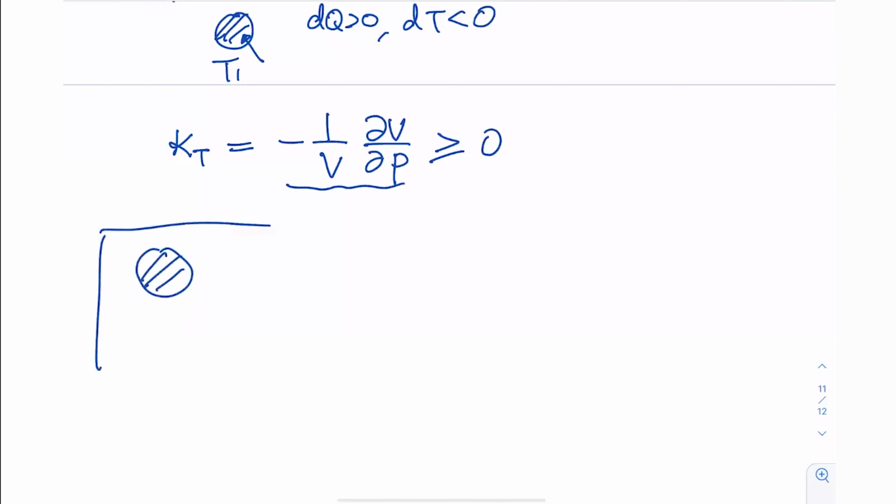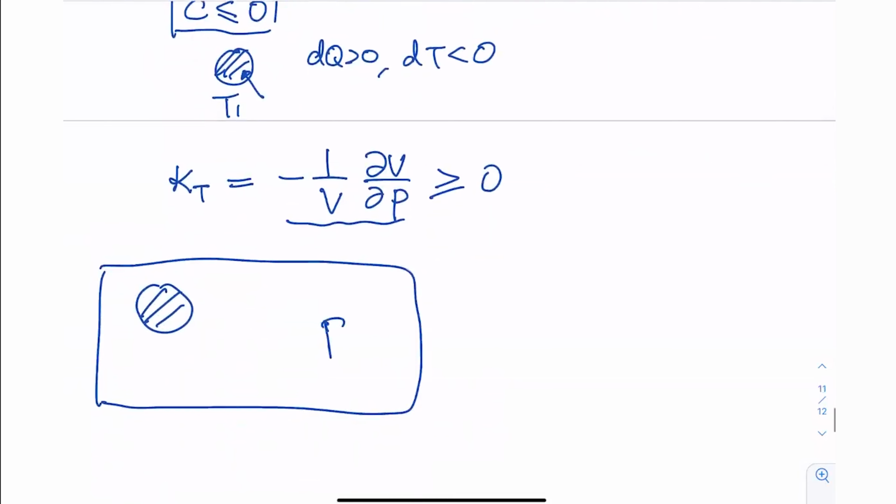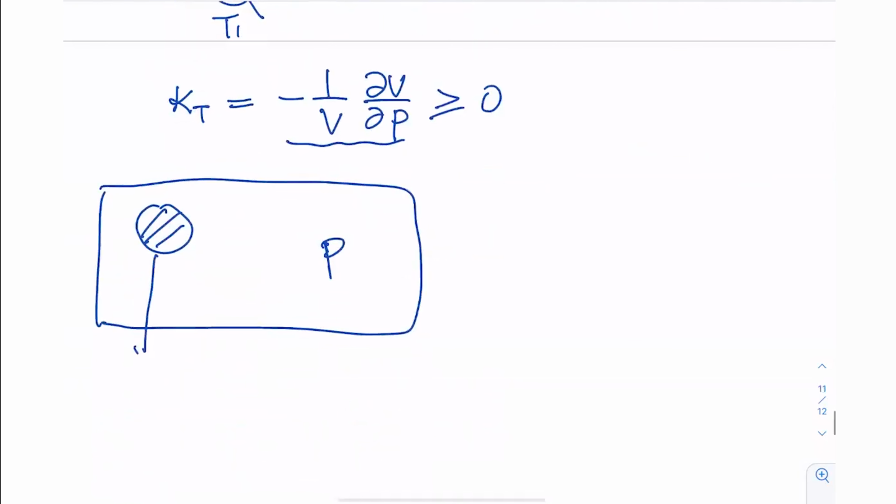Suppose we have a big system with some background pressure P, and this subsystem, let's assume it has some pressure P1. According to our intuition, if P1 is smaller than P, the system will apply some force to this small region, and then the volume of region 1 will be smaller.